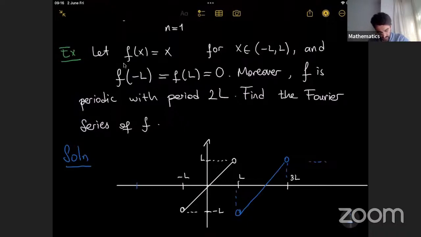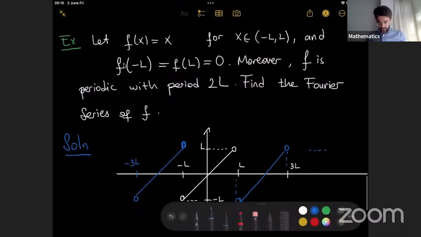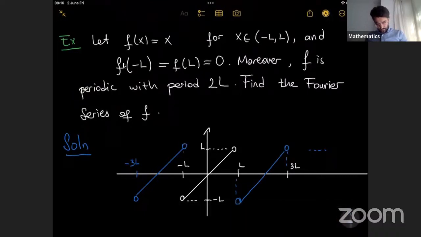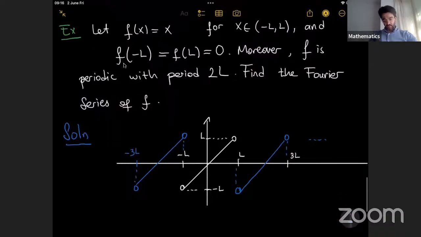Similar for here, minus L to minus 3L. And it goes like that.